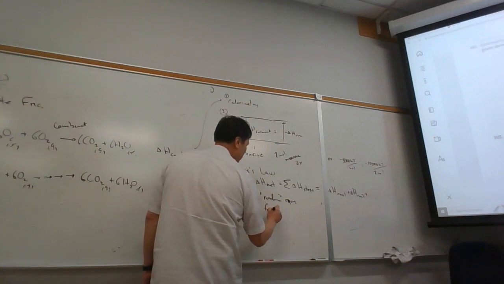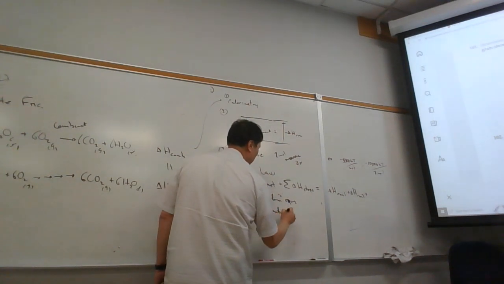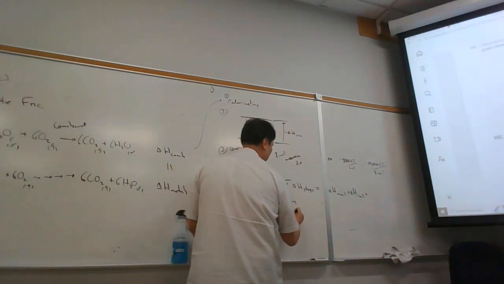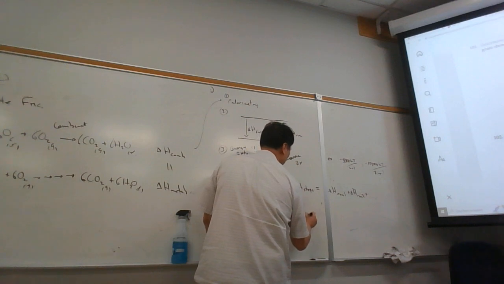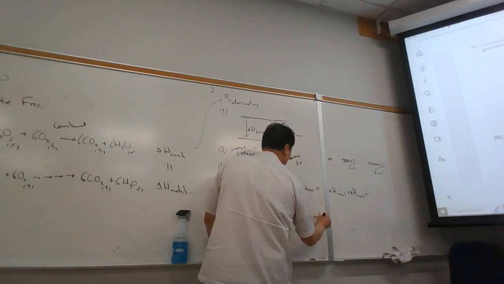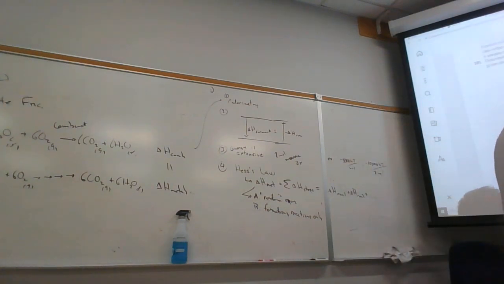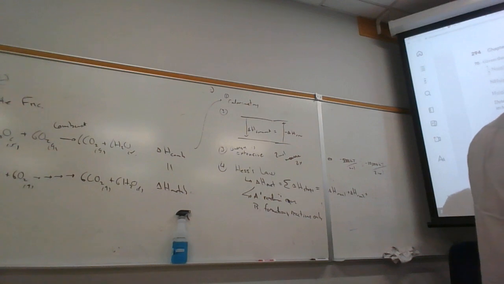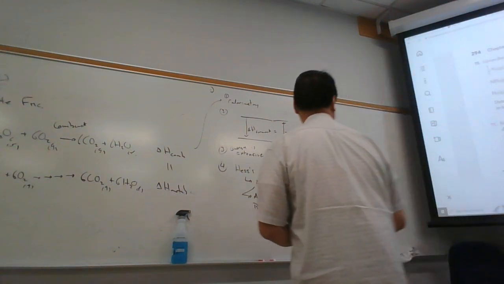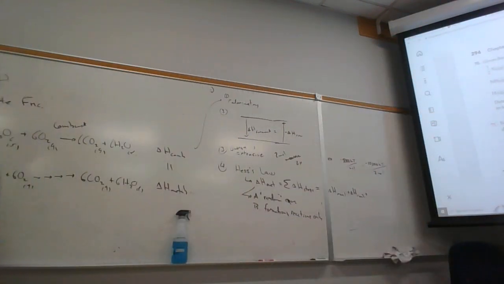And these are formation reactions only. And so let's say I have an unknown delta H, but I have a library of other delta H's. So let's look at number 70, for example. This would be an example of 4A.